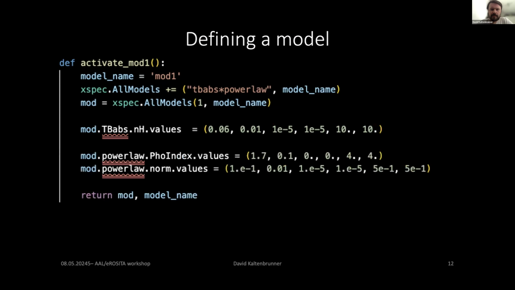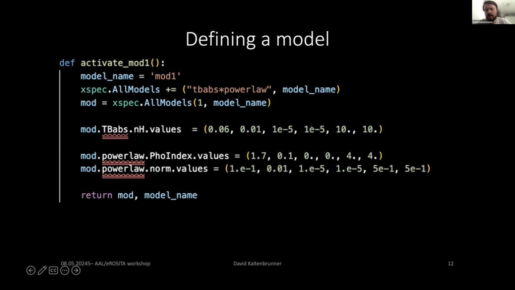Right. So we do this for all the parameters that we're interested in. In this case, it's the absorption for the absorption component, and then for the power law, we have the photon index and the normalization. What you can see, the absorption in XSpec works like this: those values are multiplied by 10 to the 22.